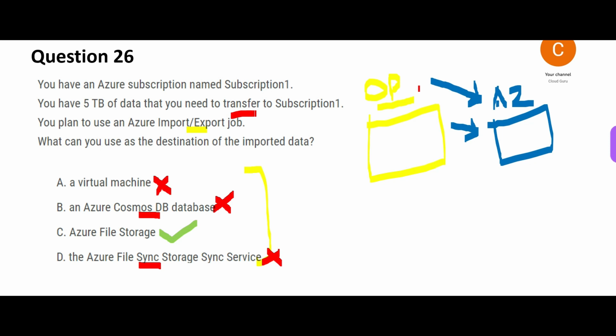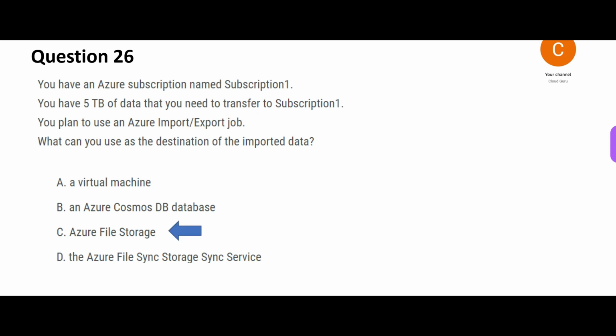Transfer means I will give it to you, and I will shut down whatever I had here. That means on-premises will send the data to Azure and say, now I will not hold it. Now the data is in Azure. But file sync means the file will continue to reside on-premises. They may or may not send it to Azure. So this is the final answer.